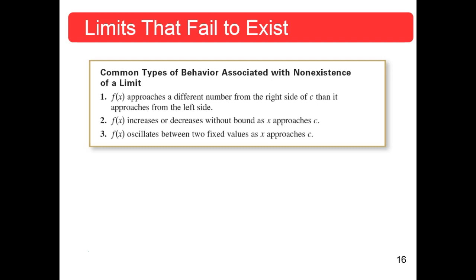Secondly, f increases or decreases without bound as x approaches c. That would be the example of 1 over x squared, 1 over x, anything like this. There is no limit. It's going to infinity, you might say. Or third, f oscillates between two fixed values as x approaches c.